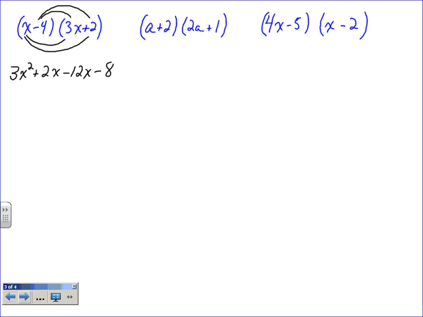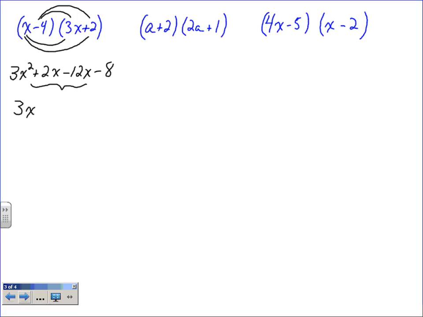Right. Now, can we go further with this? Yes, we can. Because we have two terms that are alike, don't we? And very often, those middle terms combine because they're alike. And what is 2x minus 12x? Negative 10x.